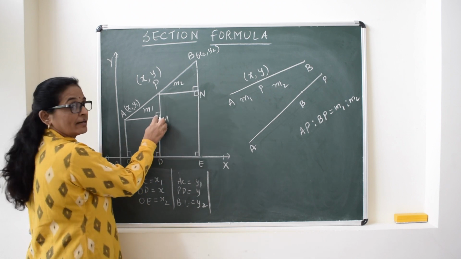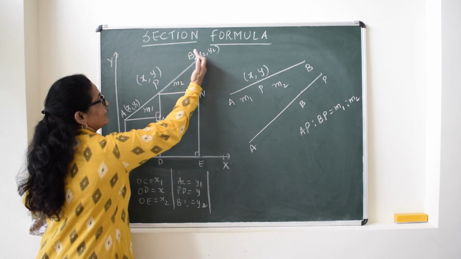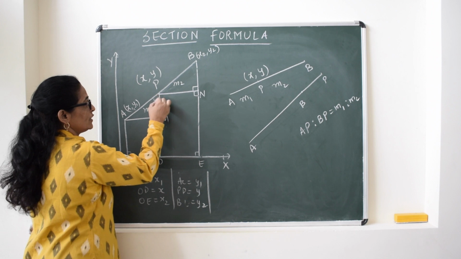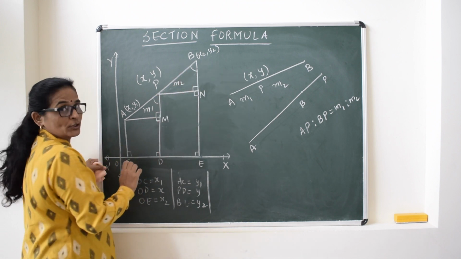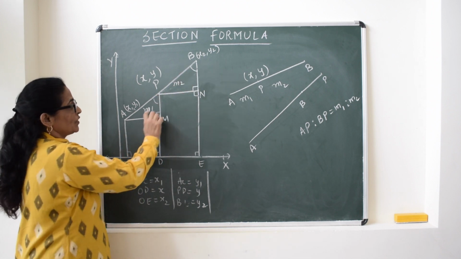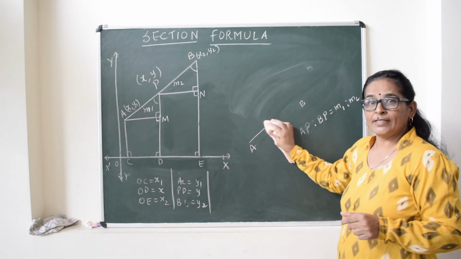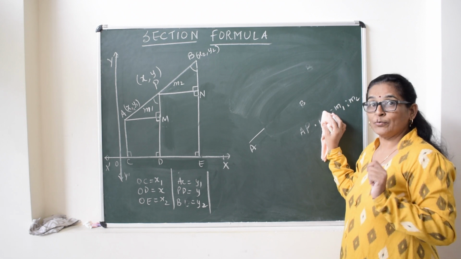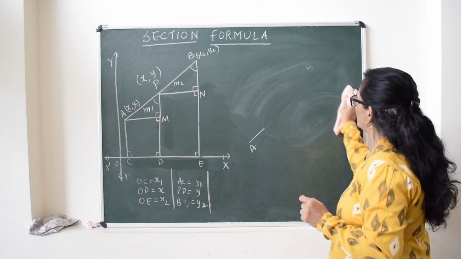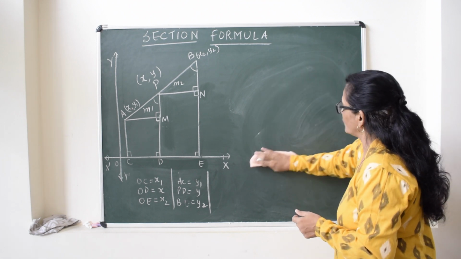These two angles are 90 degrees each and these two lines are parallel, so these two angles will also be equal. By AA similarity, the triangles are similar, and the corresponding sides of similar triangles are in the same ratio. So we will take the ratios of these two similar triangles.